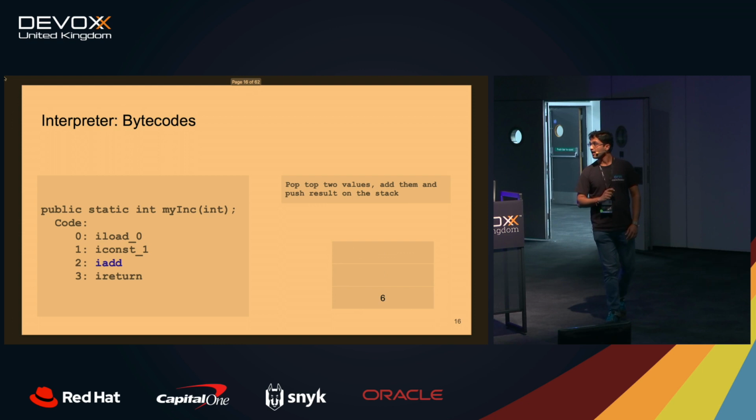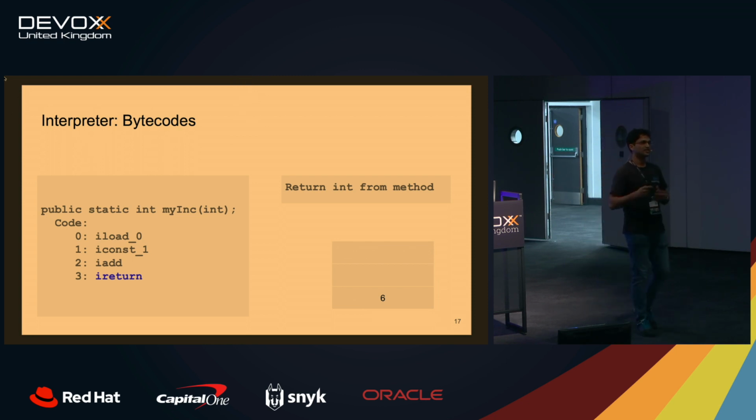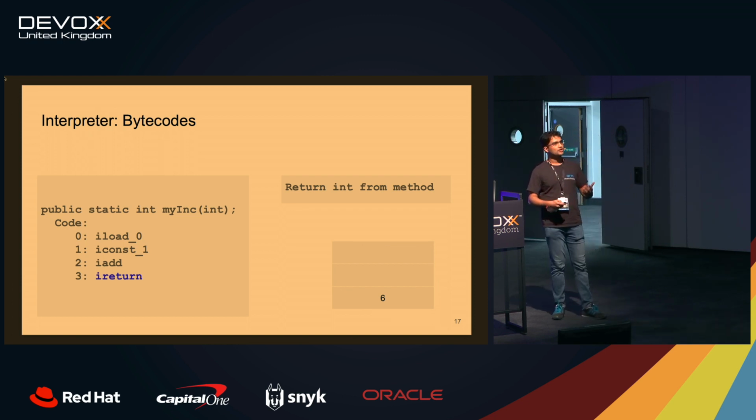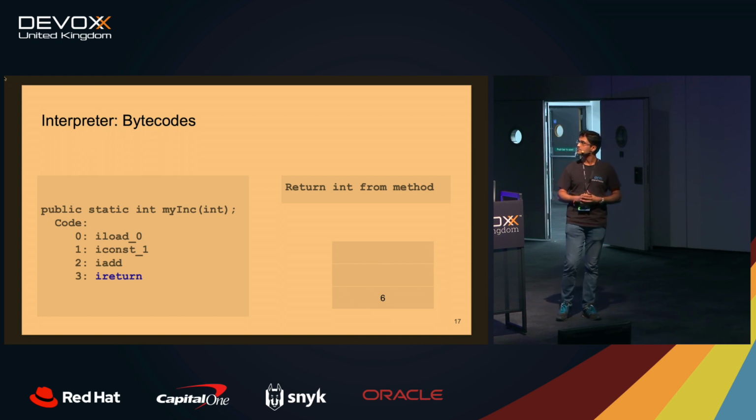Then iadd, as you would have guessed, says pop the top two arguments from the stack, add them, and store the result again on the stack. So we have 6 on top of the stack. And ireturn, surprisingly, returns the value. It pops the top value on the stack and returns it. This is how it gets executed, and all this i refers to the integer type here. There are different versions of bytecode for different data types.